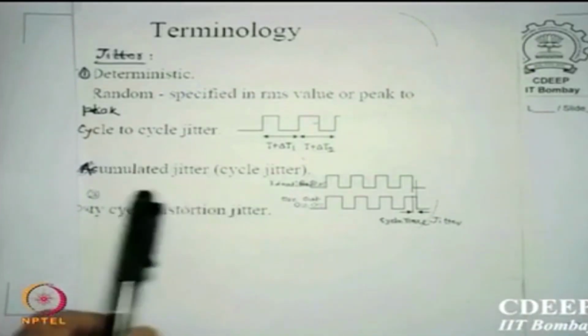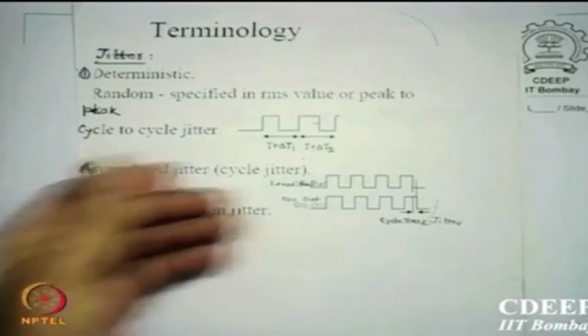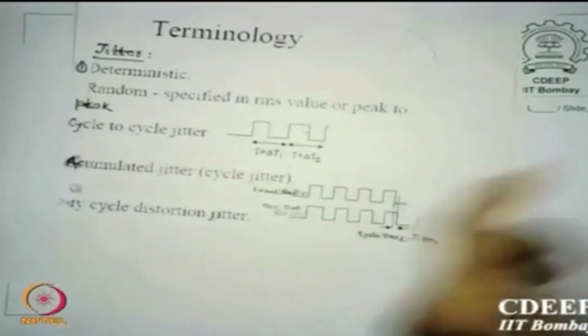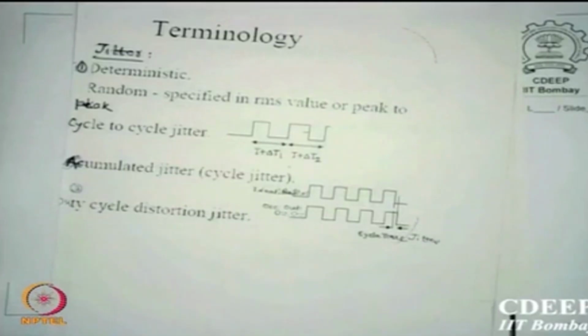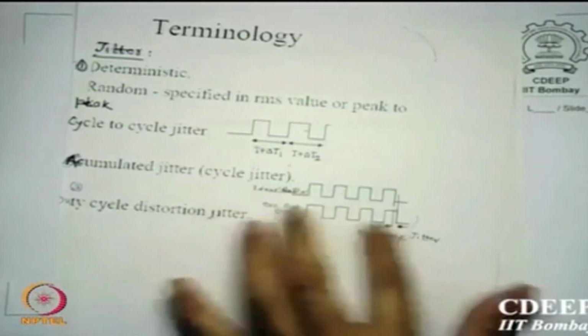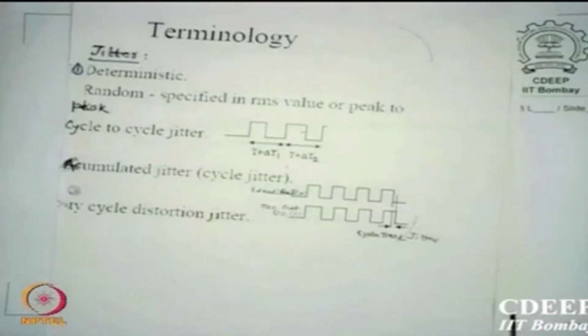Then there is accumulated jitter: over a given time, after a certain number of cycles, how much net jitter occurs? For example, here it is small at first, but at the end it may be large enough to change your final phase itself. So accumulated jitter is also specified.